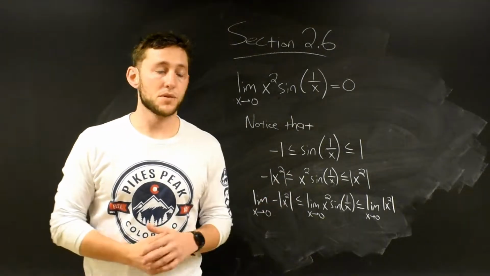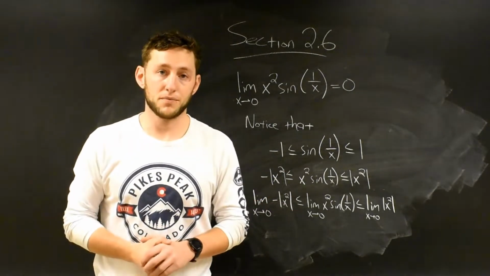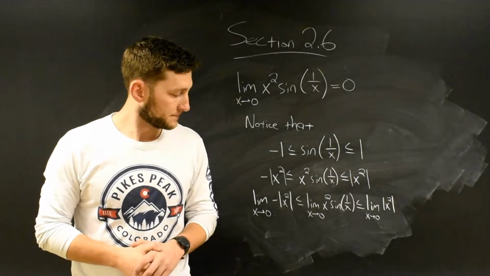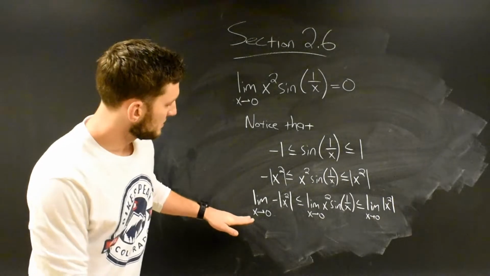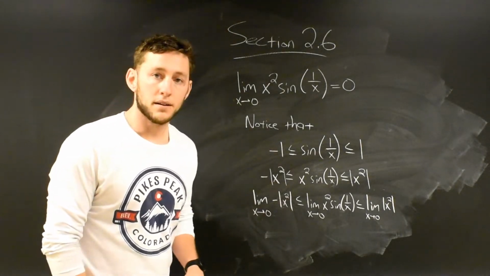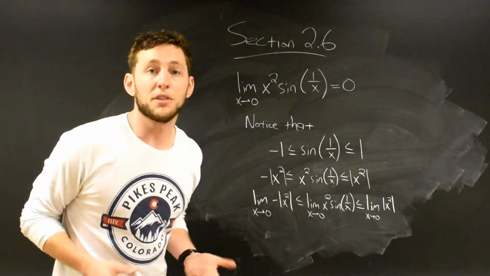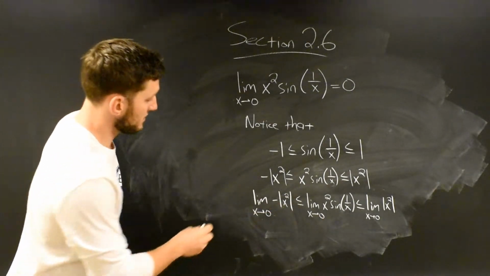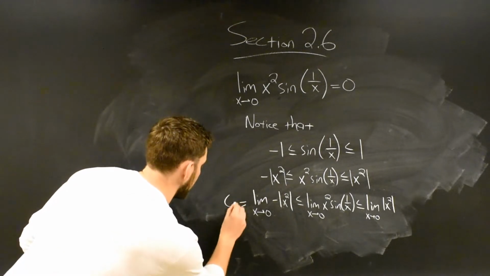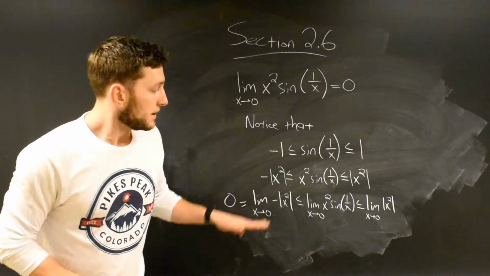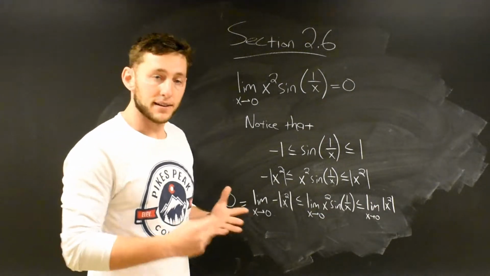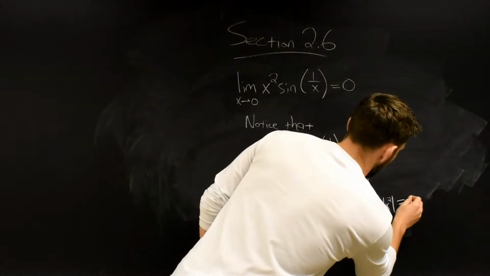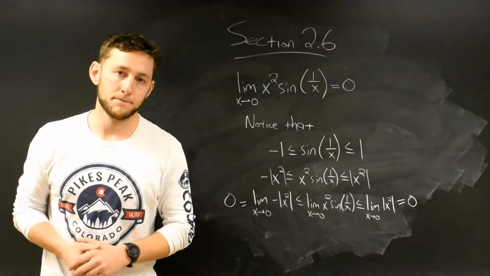This is absolutely true since our function values are always following that inequality. But notice that the limit as x approaches 0 of this guy, that's a perfectly plug-inable thing. If I just plug in 0 to it, I get an answer of 0. Similarly, on the far right-hand side, if I plug in 0, I get an answer of 0.